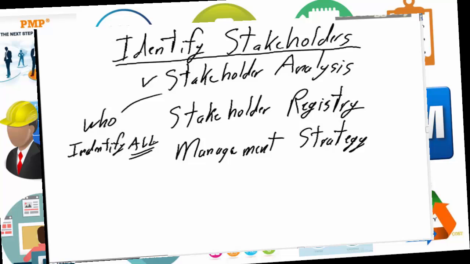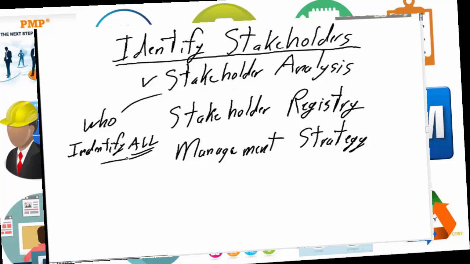Some of the stakeholders are going to be very easy to identify: the team, senior management, customer management. But there's going to be other stakeholders who may be in other business units who are impacted by the project. There may be stakeholders outside of your organization in terms of your customers or your suppliers who are going to have an interest in the project.